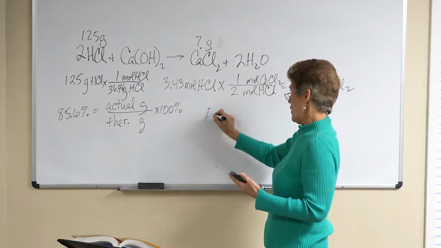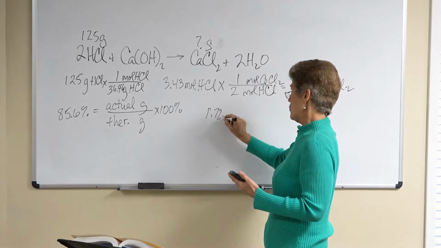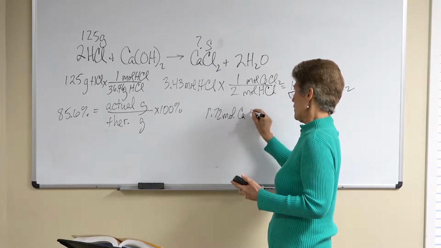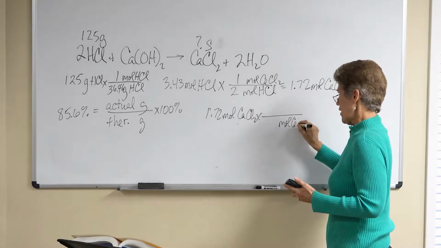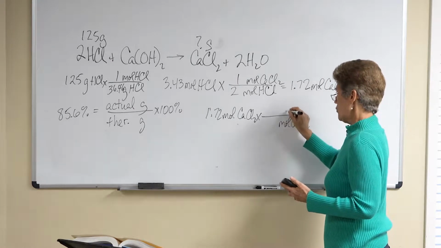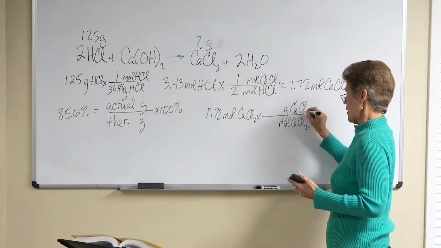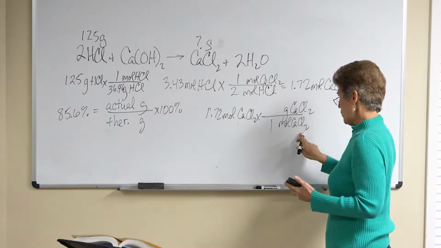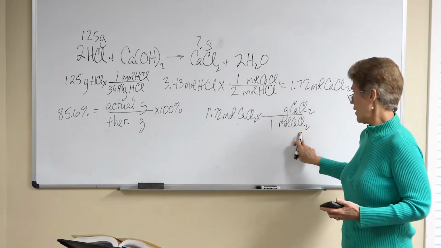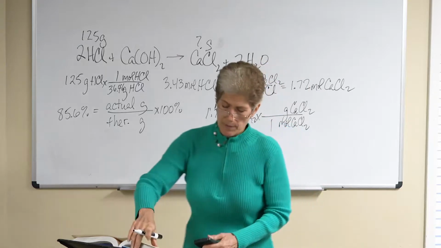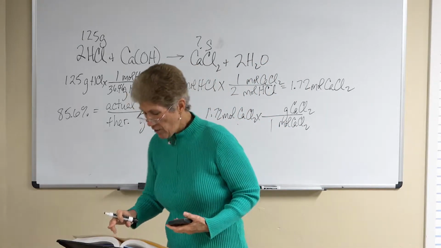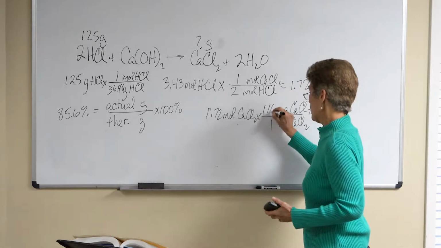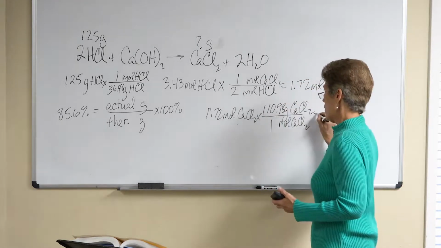And then I can go 1.72 moles of calcium chloride times line, moles of calcium chloride to the grams of calcium chloride. 1 mole of this, we would go 35.45 times 2 plus, I'm pretty sure it's 40. Yep, 40.08. It's going to give us 110.98. There we go.